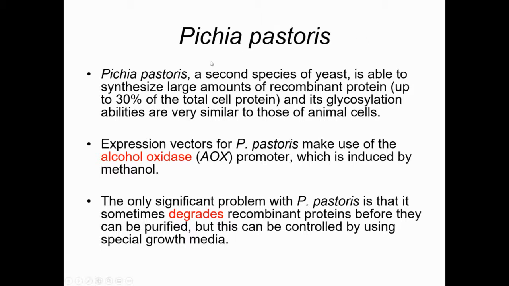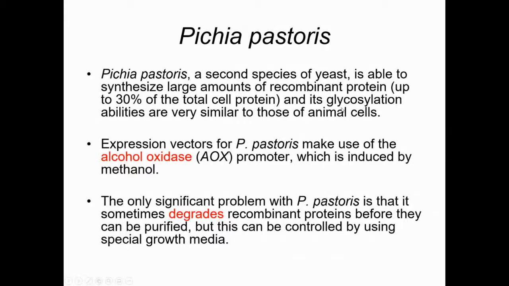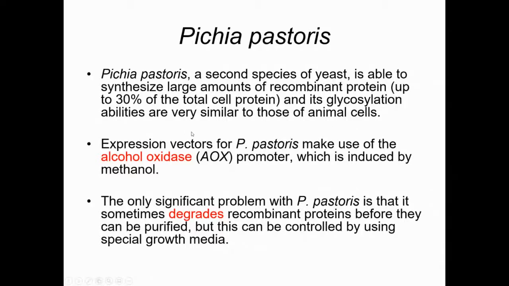The P. pastoris, which is the second species of yeast, can synthesize a large amount of recombinant protein, and its glycosylation ability is very similar to animal cells. The expression vector for P. pastoris uses the alcohol oxidase promoter, which can be induced by methanol.